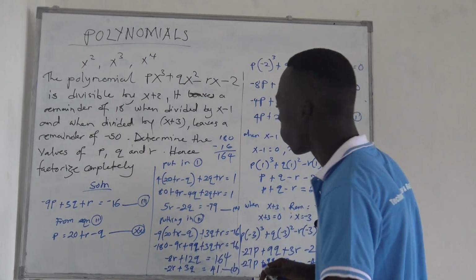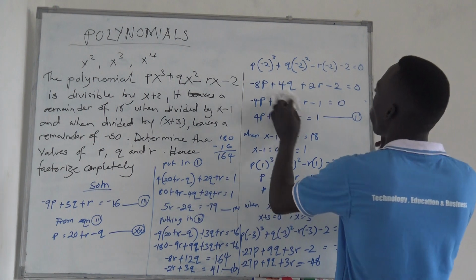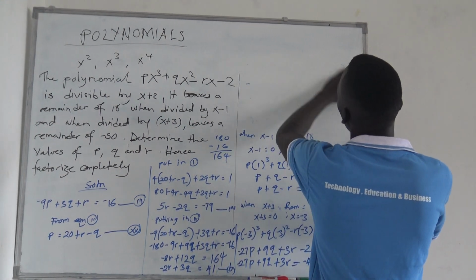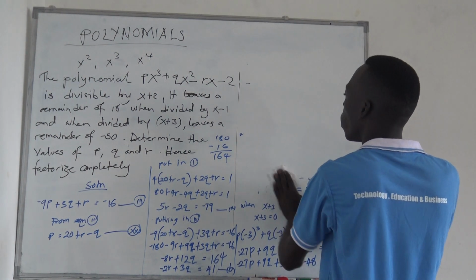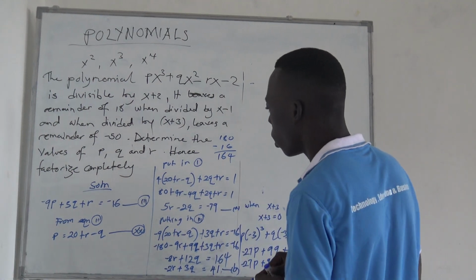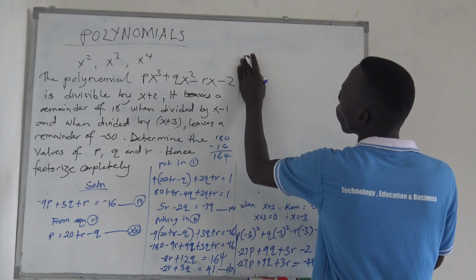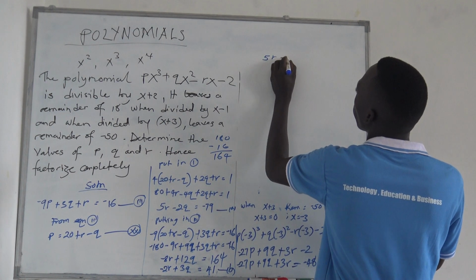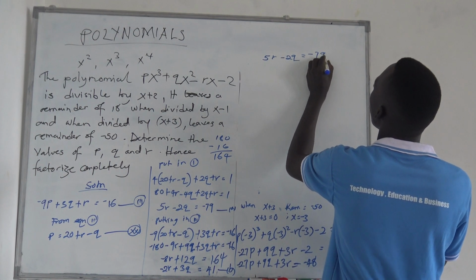So after getting the equation B, we continue getting the values of R and Q, since we now have two equations in terms of R and Q. So we can continue and get R and Q. So since this one is 5R minus 2Q, this gives us negative 79.